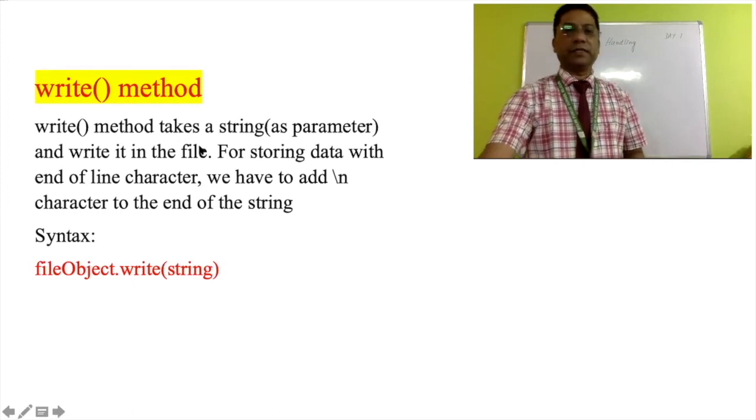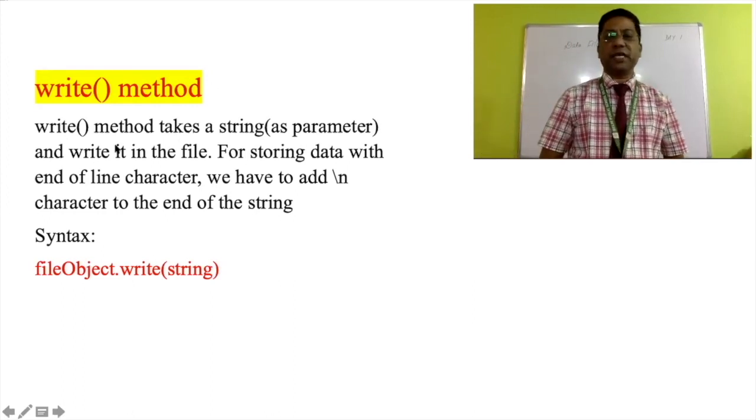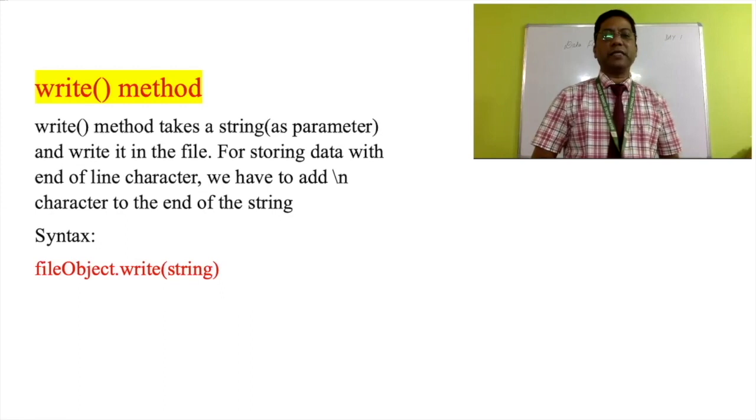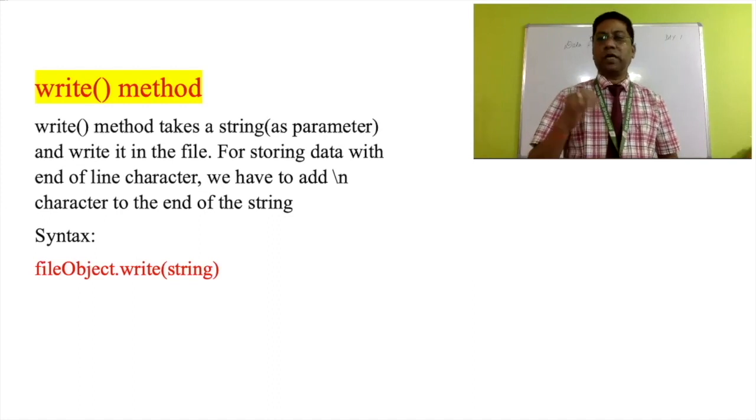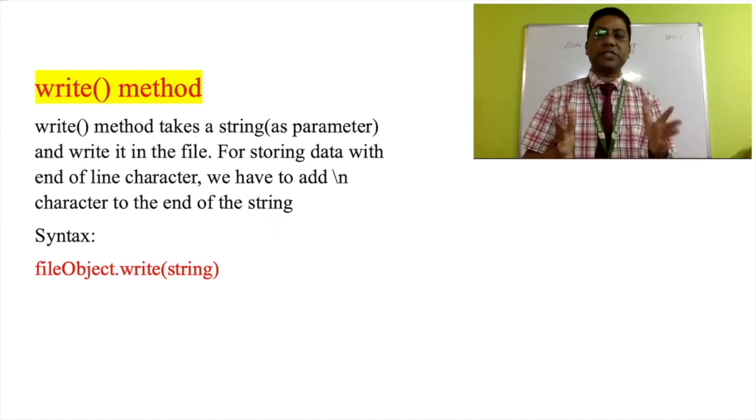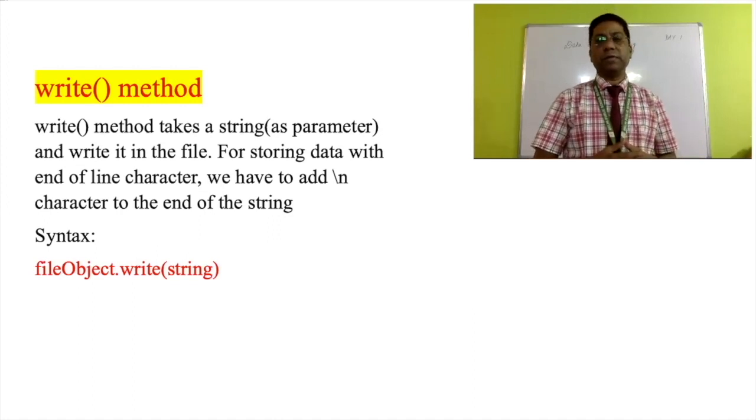The write method takes a string as a parameter and writes it in the file. That means if you are using the built-in write function to write any content or character in the file, then everything will be taken in string form. That means if you want to store any number, you cannot write it down in a file simply.